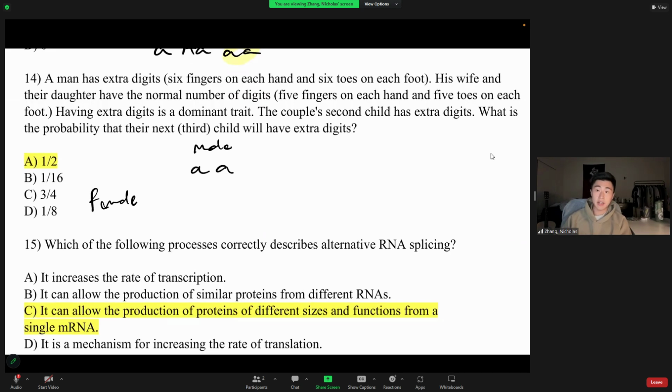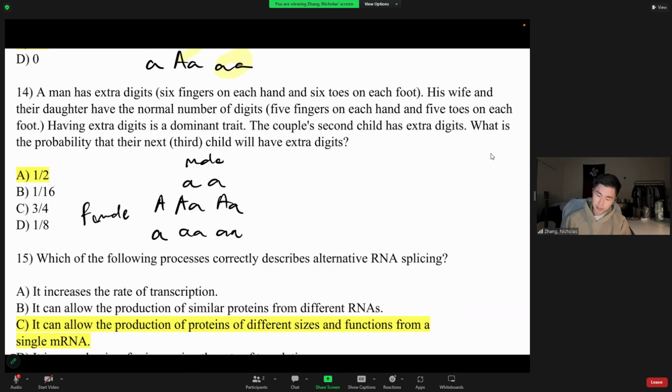We know that she is heterozygous because their second child has extra digits, right? If she was homozygous dominant, they would only be able to produce heterozygotes, which would all have the normal number of digits. However, because the question stem shows us that they had a second child with extra digits, we know that the female has to have the heterozygote genotype. Whoa, that's wrong. Boom. So this is our test cross.